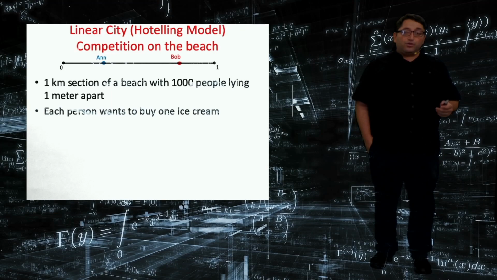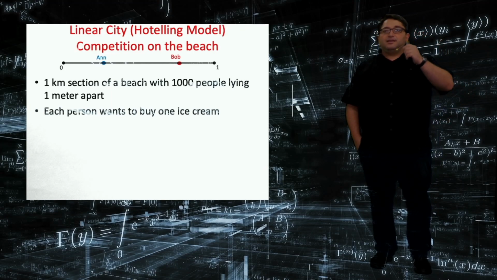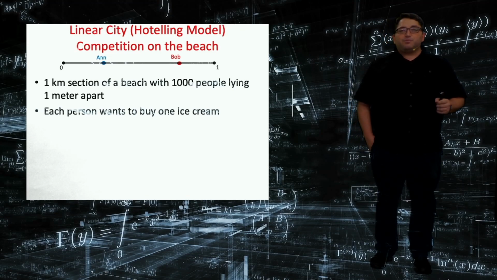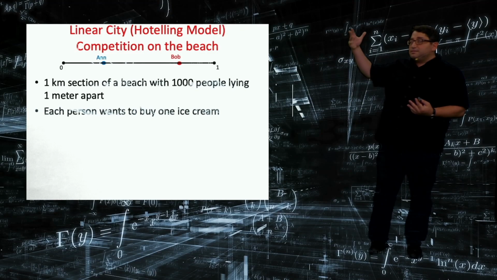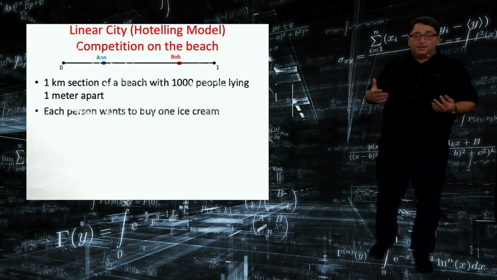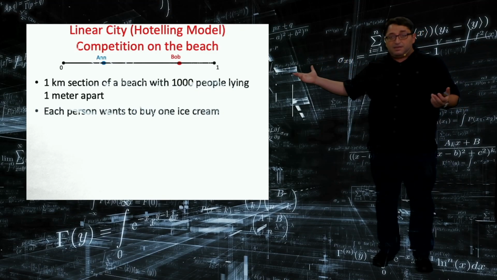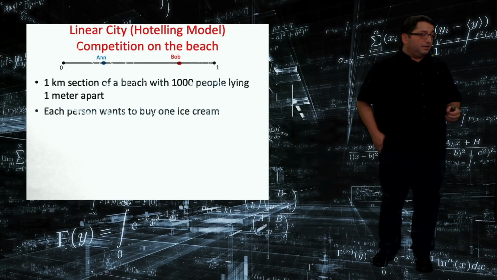So what would be the answer? According to Nash equilibrium, each player is choosing a best response. So let's start with this possible location. Would it be a best response for either Ann or Bob?